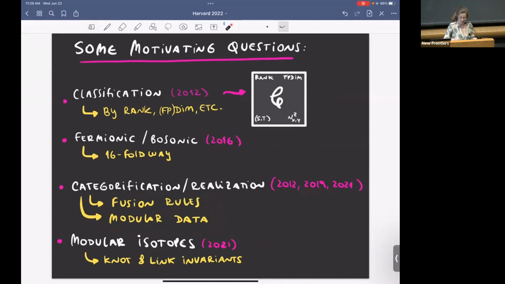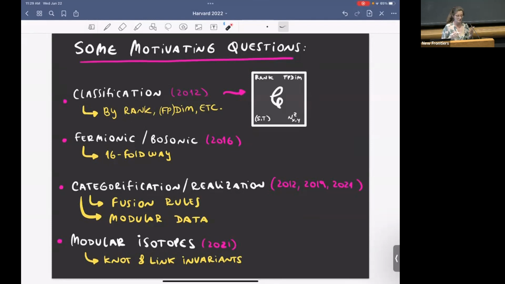And then coming back to this idea of a periodic table, like Shenhan was saying yesterday, we sometimes want some complete invariants. So there is this idea of modular isotopes. Modular isotopes are inequivalent modular categories that have the same modular data up to relabeling.